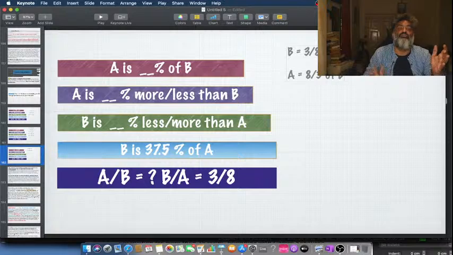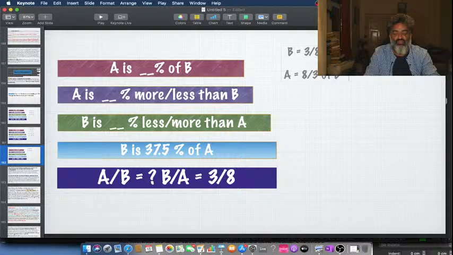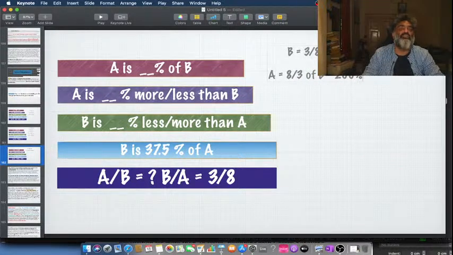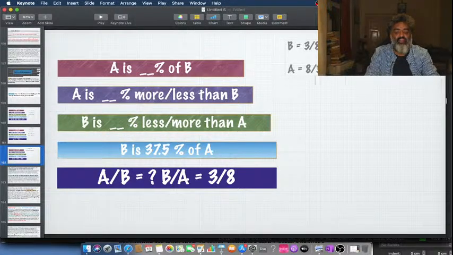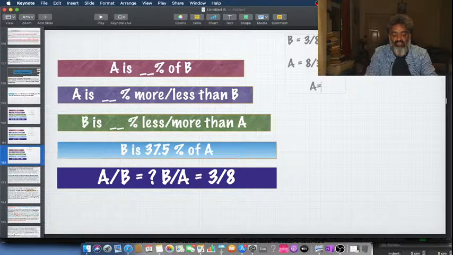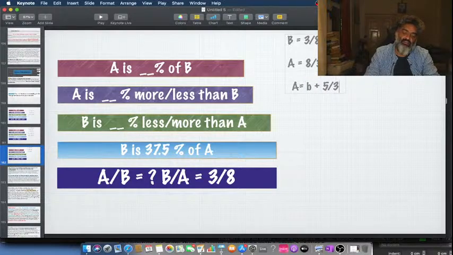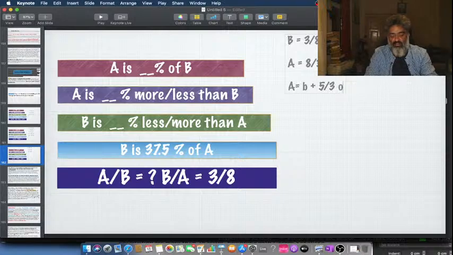So 6 of them will give you 200. And then you still have 2 more, so 66. So this 8 by 3 of B is equal to 266%. Are we okay with that? Now this can again be reinterpreted as A is equal to B plus 5 by 3 of B.